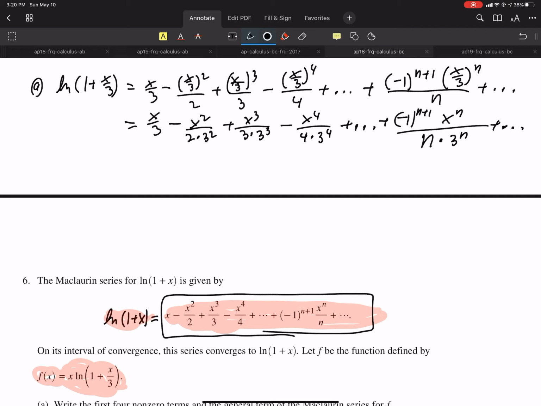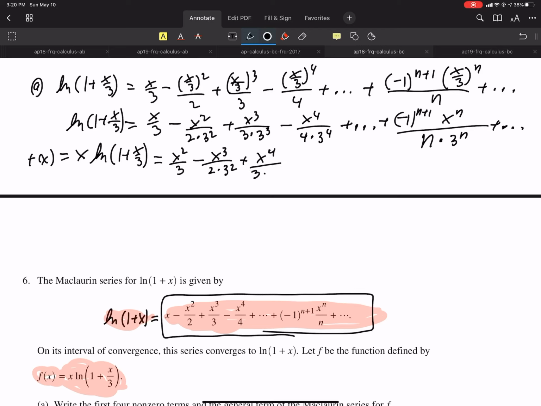Now we want to multiply both sides by x to get f. So f of x is x times what we just have. So multiply everything by x. X squared over 3, x cubed over 2 times 3 squared, x to the 4th over 3 times 3 cubed, minus x to the 5th over 4 times 3 to the 4th, plus dot, dot, dot, plus x to the n plus 1.